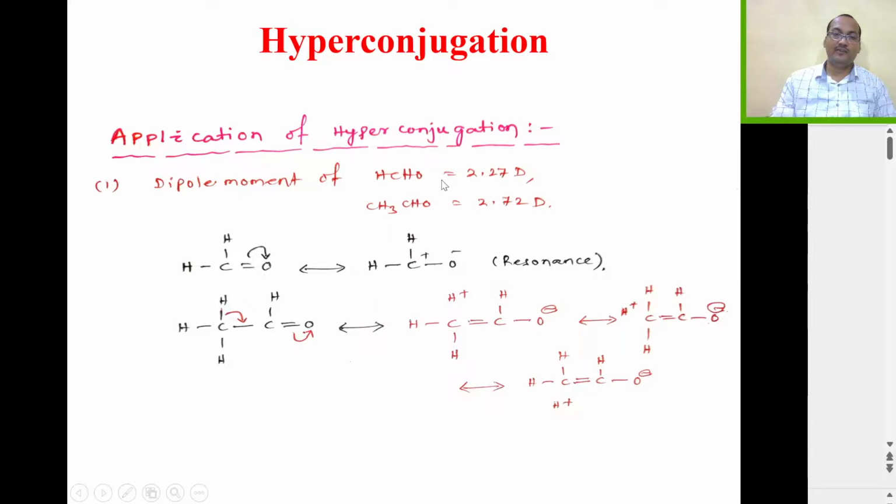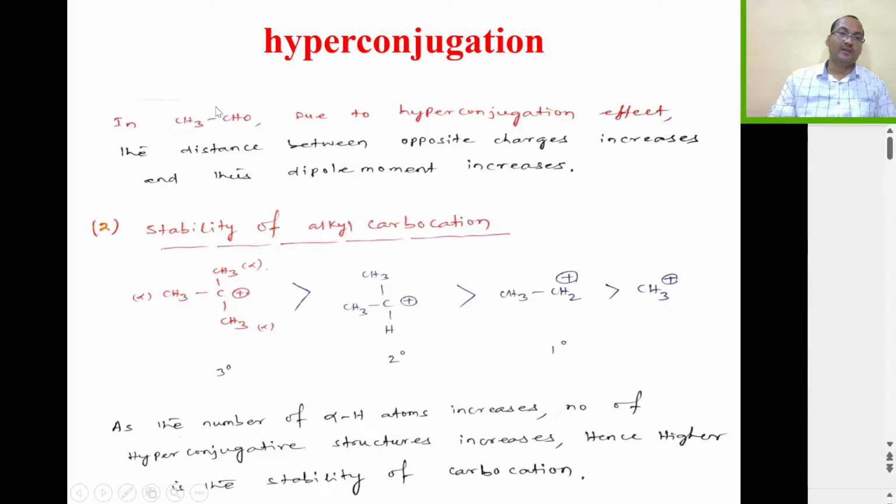The dipole moment value is high in the case of acetaldehyde, 2.72, because the charge separation is large. In acetaldehyde, due to the hyperconjugation effect, the distance between opposite charges increases and thus the dipole moment increases.